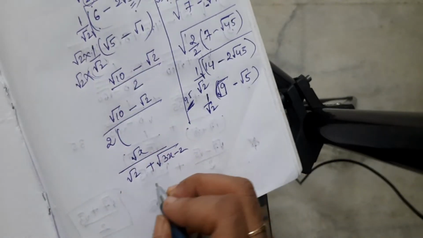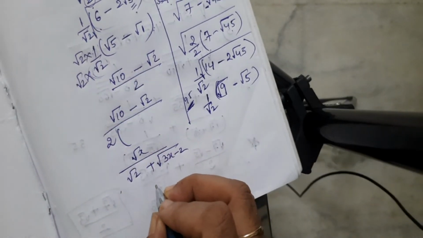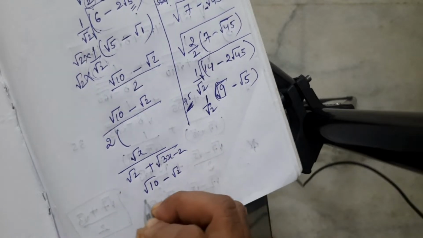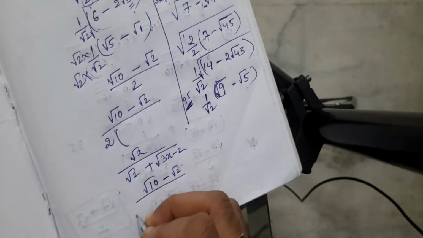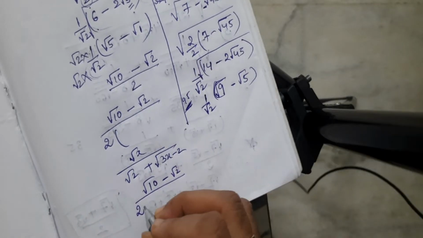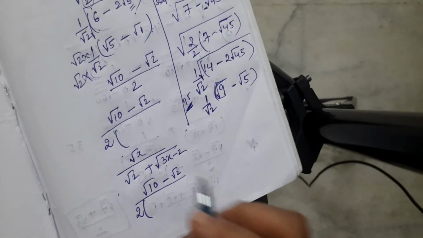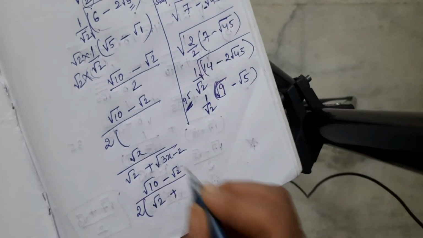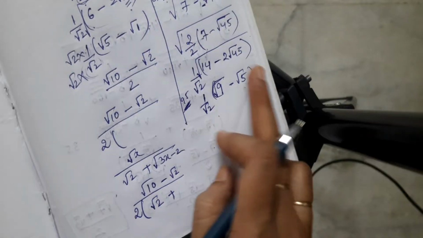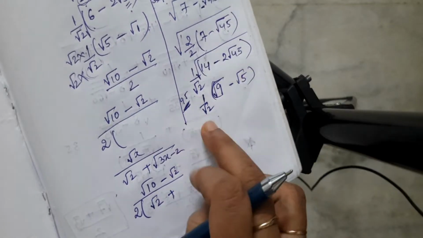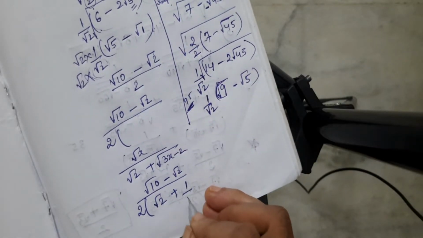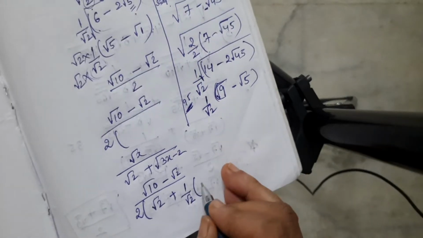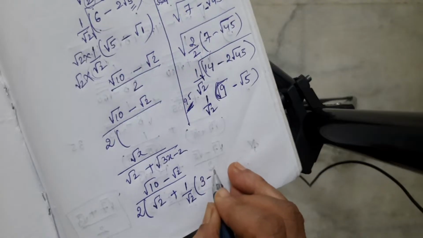So root x we got the answer as root 10 minus root 2 upon 2. So leave it aside. For this part, already root 2 is there. And for this portion, by solution we got the answer in this way. So it's 1 by root 2. Root 9 we can write as 3 minus root 5.